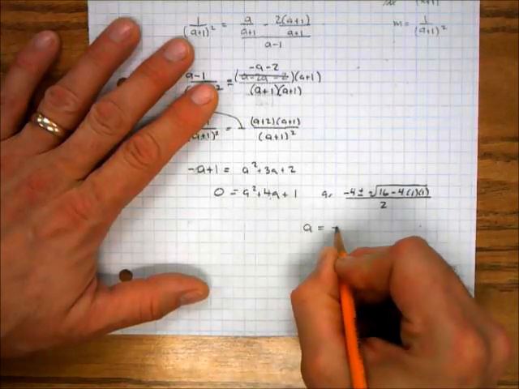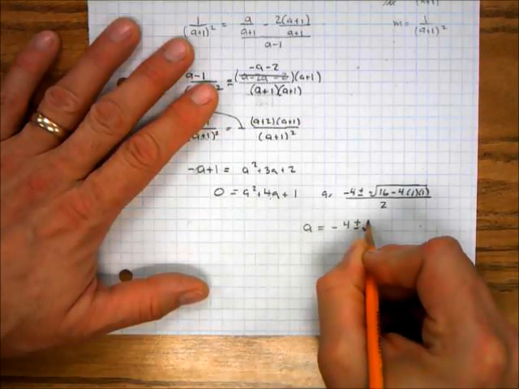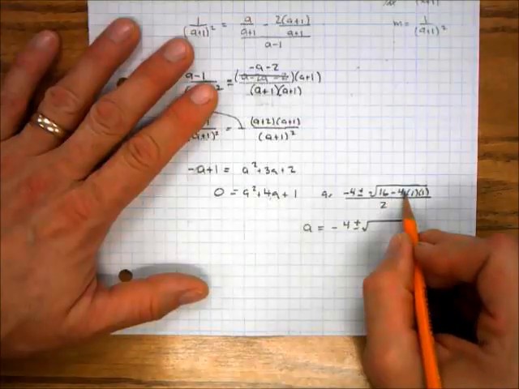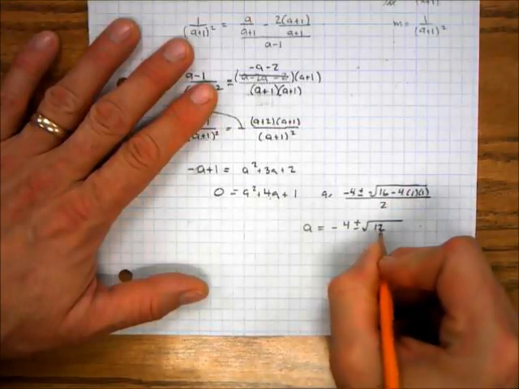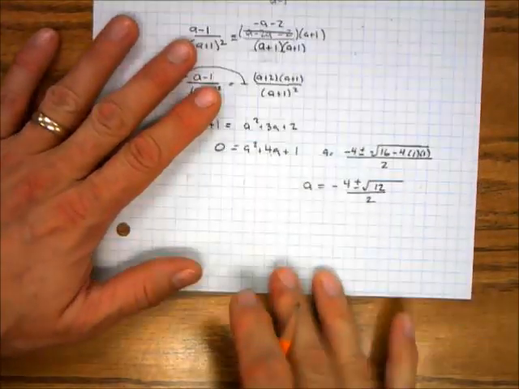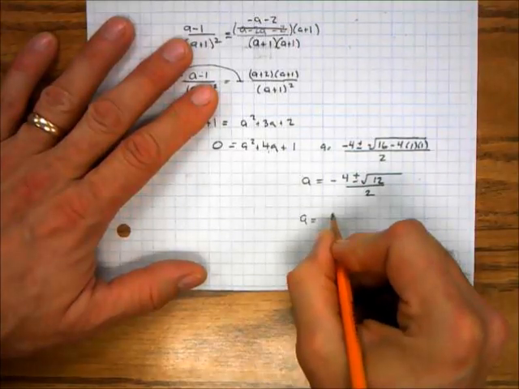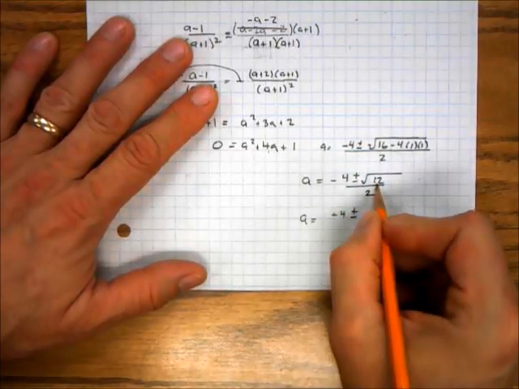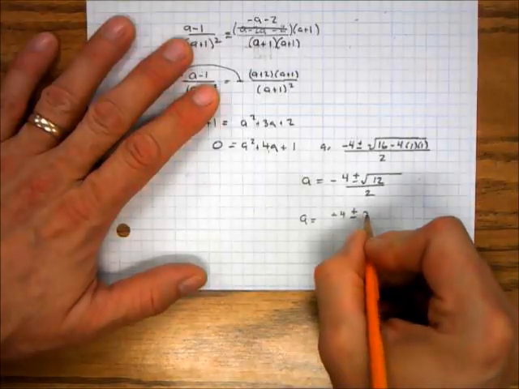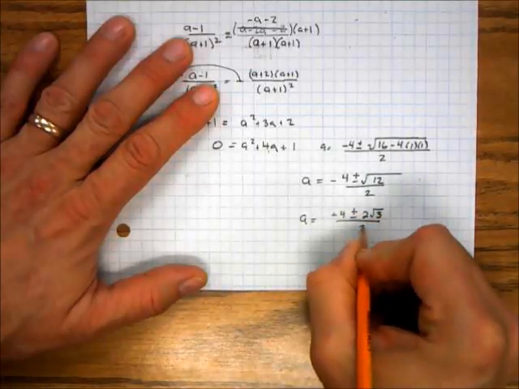A equals negative 4 plus or minus the square root of 16 minus 4 is 12 over 2. A equals negative 4 plus or minus, this is 4 times 3, so it's 2 square root of 3, all over 2.